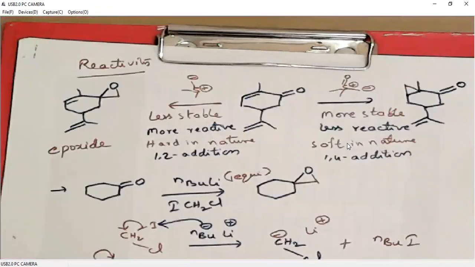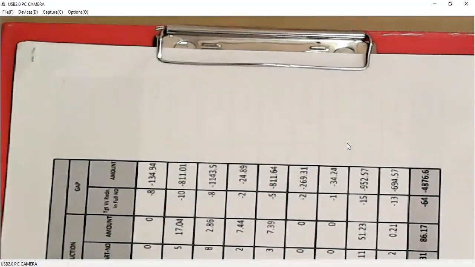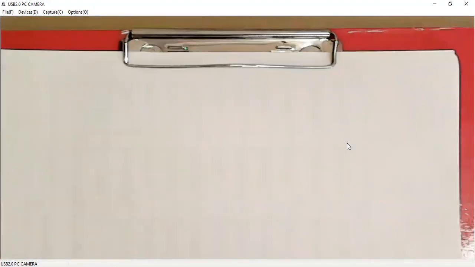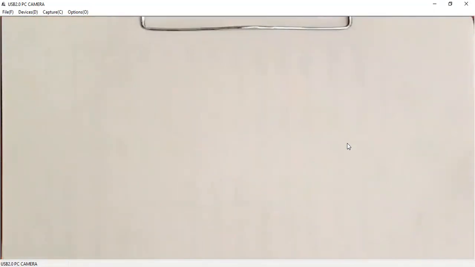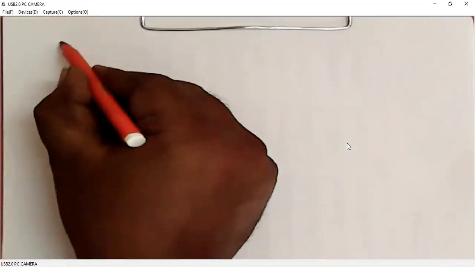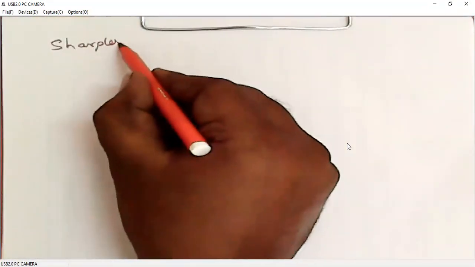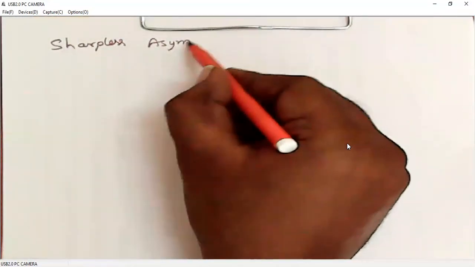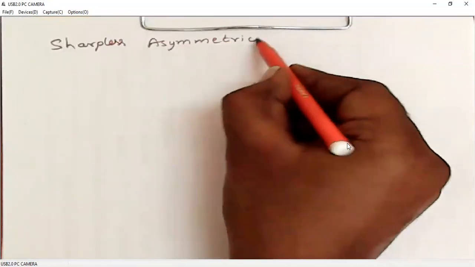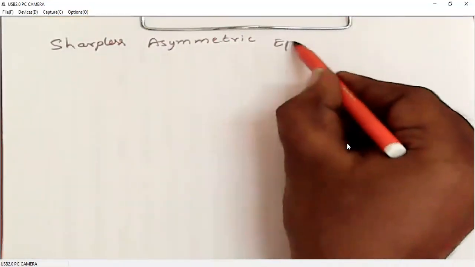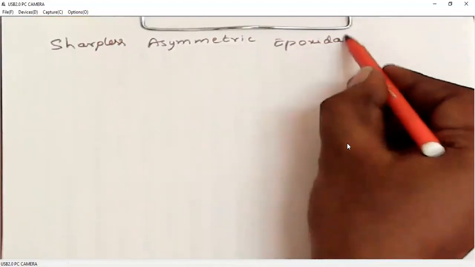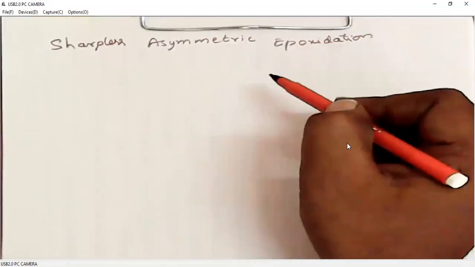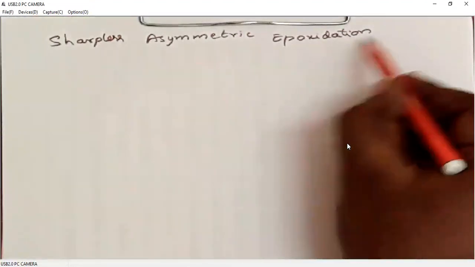Next, we will discuss about Sharpless asymmetric epoxidation.